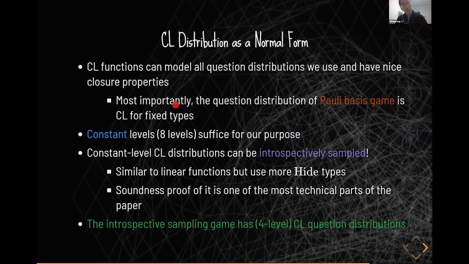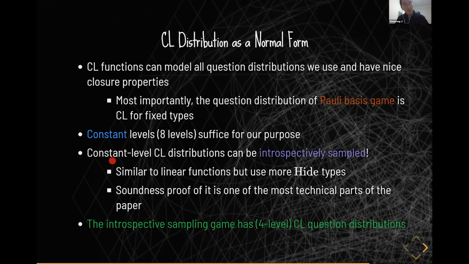And most importantly, the question distribution of the Pauli basis measurement, the core of the efficiency that we get from this Pauli measurement, is CL, and in the end we only use a constant number of levels, and that simplifies our argument a lot.